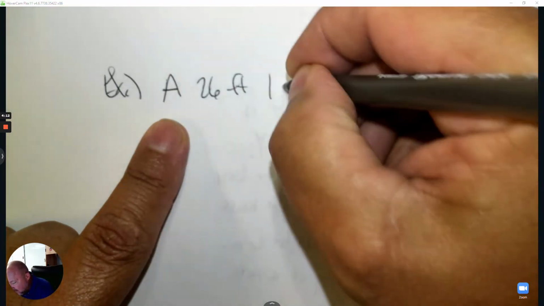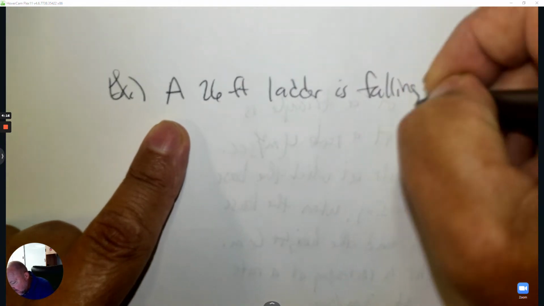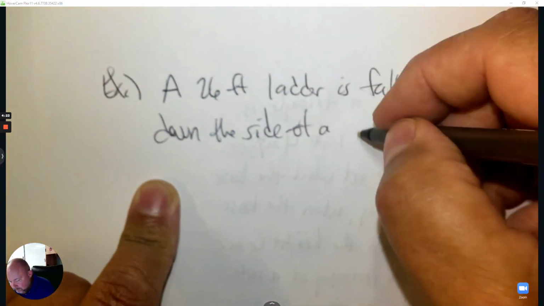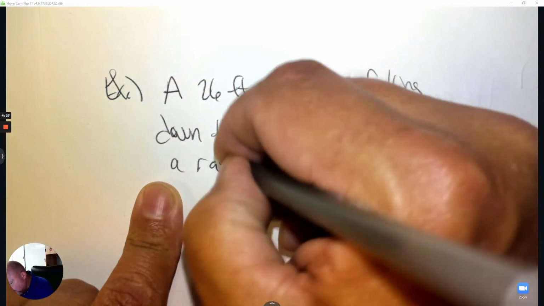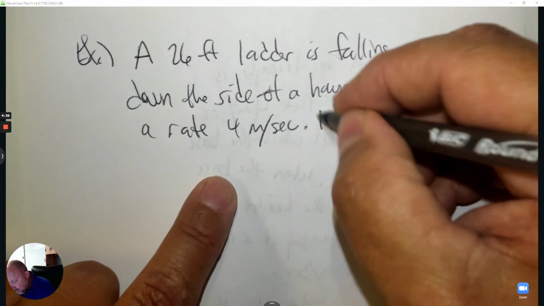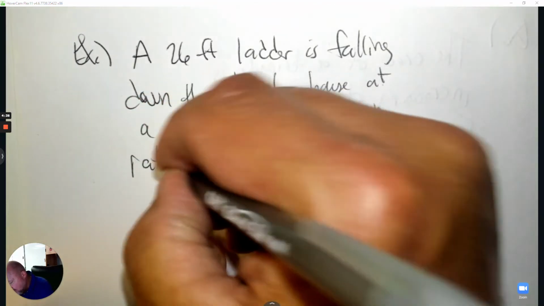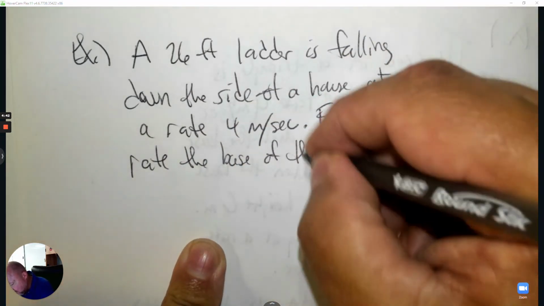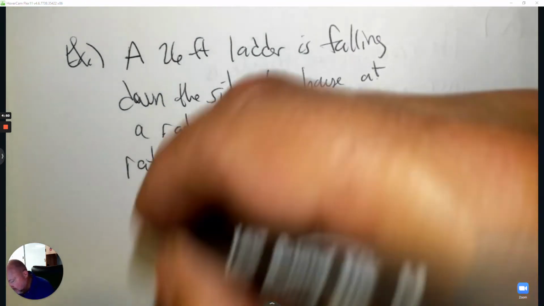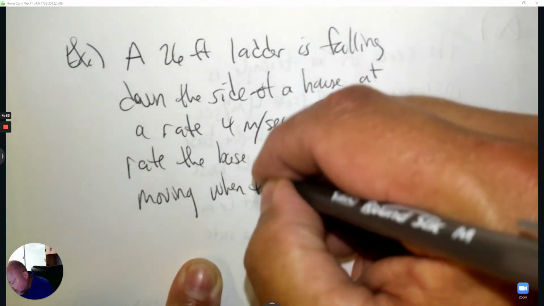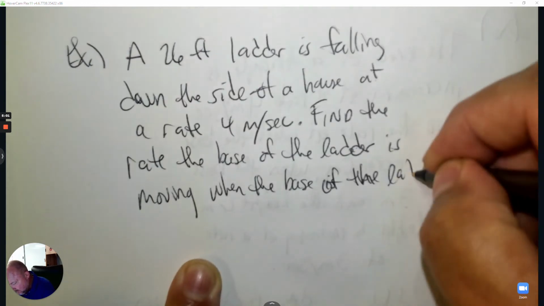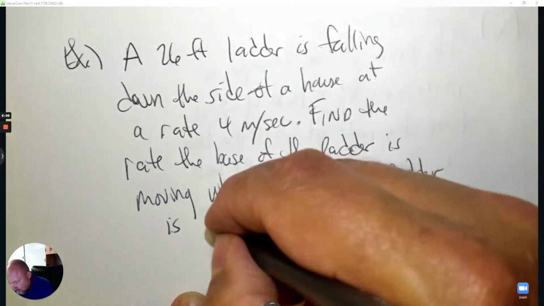All right, so a 26-foot ladder is falling down the side of a house at a rate of... find the rate the base of the ladder is moving when the base of the ladder is 24 feet out.